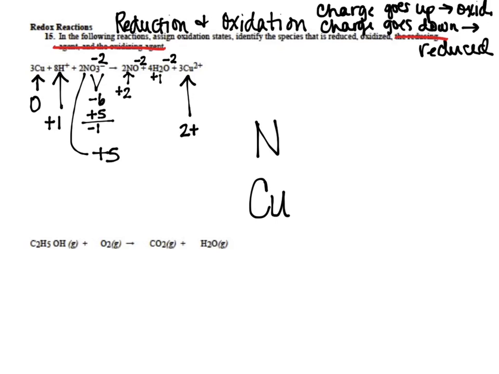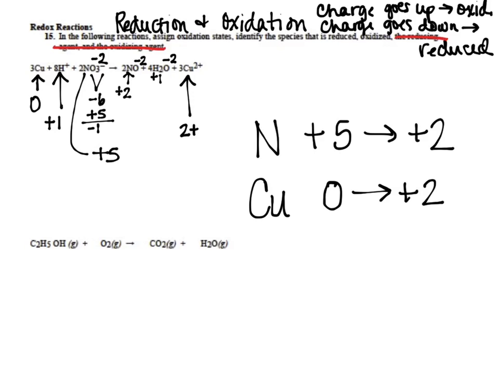Copper goes from a 0 to a 2 plus. So whose number went down? Nitrogen. So that means it has to be reduced.